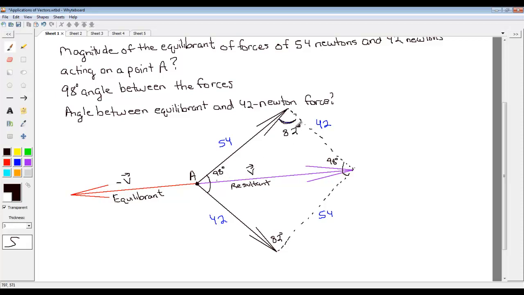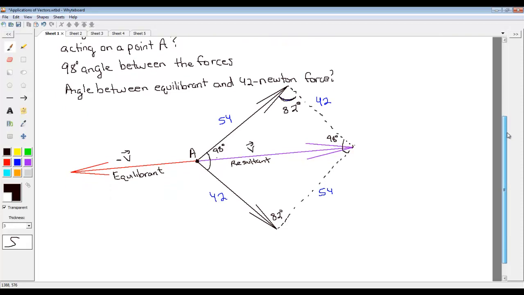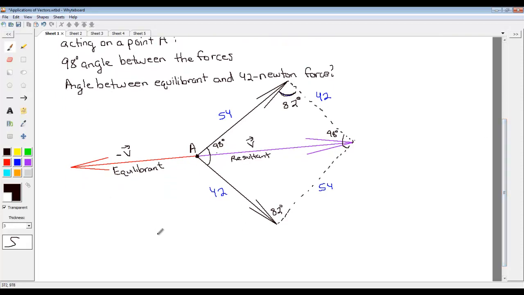But what we can do is look at the fact that we do have a triangle here. And we know a side, an angle, and a side. Then we can use the law of cosines with side, angle, side, and find the resultant vector length, this side here. So apply the law of cosines, and it can help.